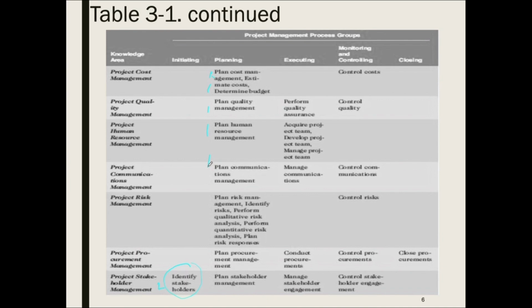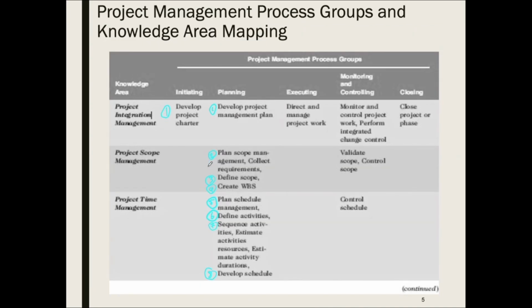So we will take next chapter when we talk about scope integration management, first one here, then we will cover these processes. Okay, in the chapter after, we will cover scope, then we will look at these processes, and so on. This is how the course is divided.